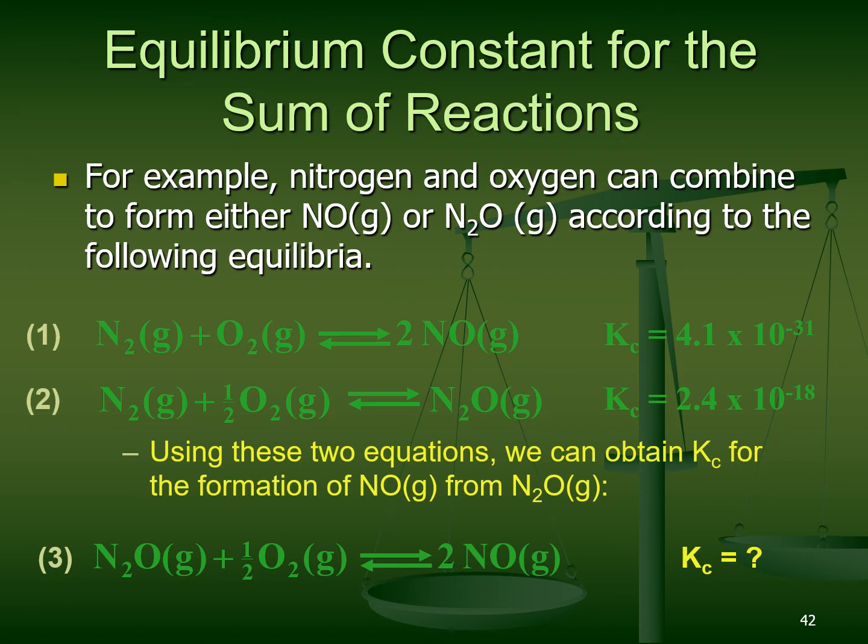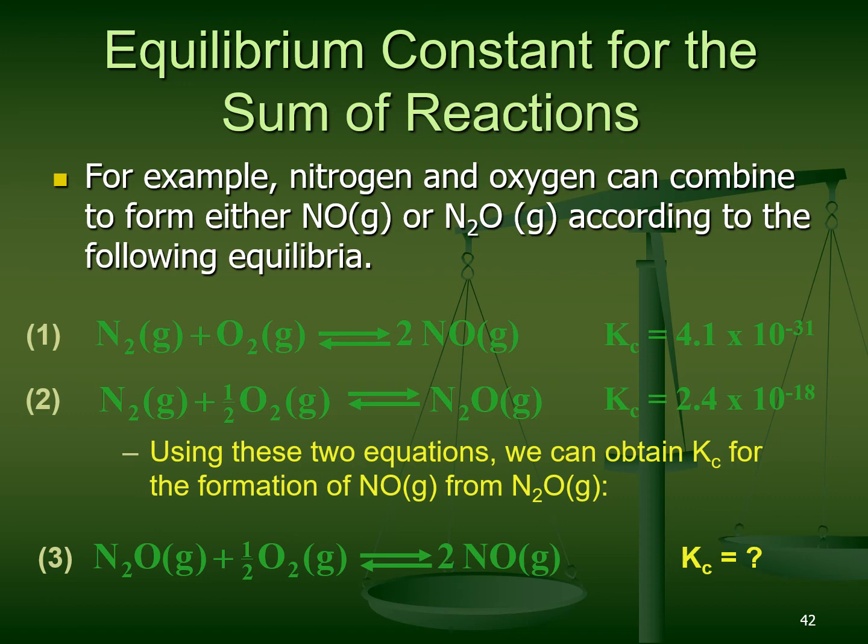So if we leave this equation as it is, it will line up. Since that's the only place NO shows up, if we keep it on the right-hand side and keep the 2 in front of it, it'll work. So we rewrite N2 plus O2 to give us 2NO, and we know the K value for that is 4.1 times 10 to the minus 31.